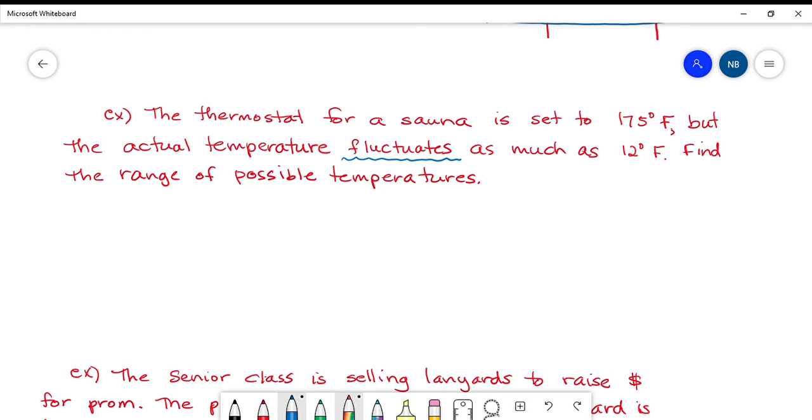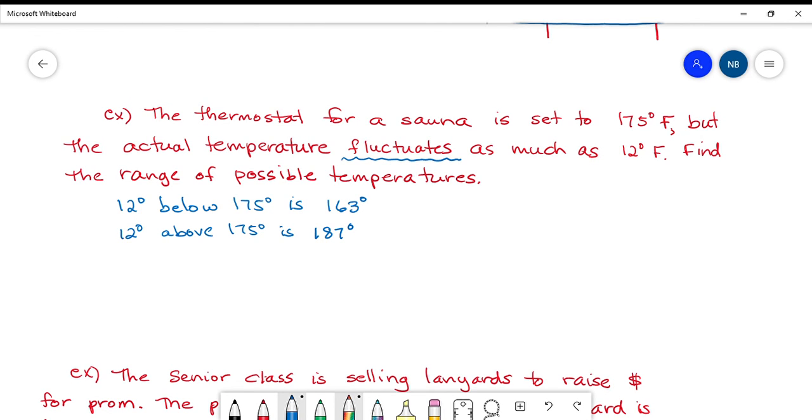Well, let's go 12 degrees below 175 degrees is 163 degrees. And 12 degrees, because we can fluctuate below or above, 12 degrees above 175 degrees is 187 degrees.